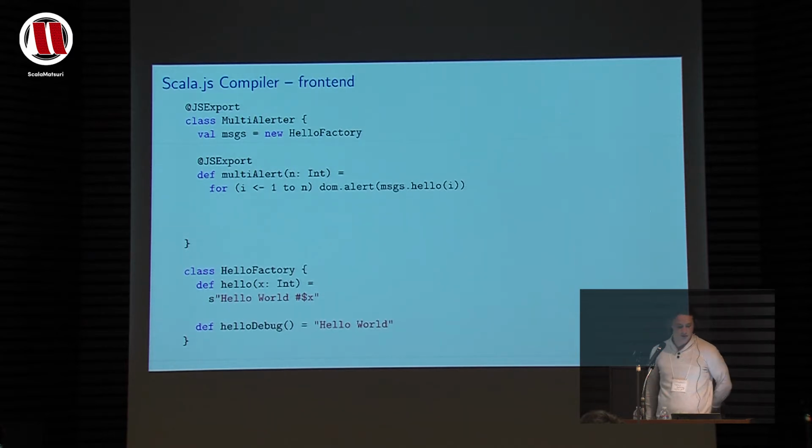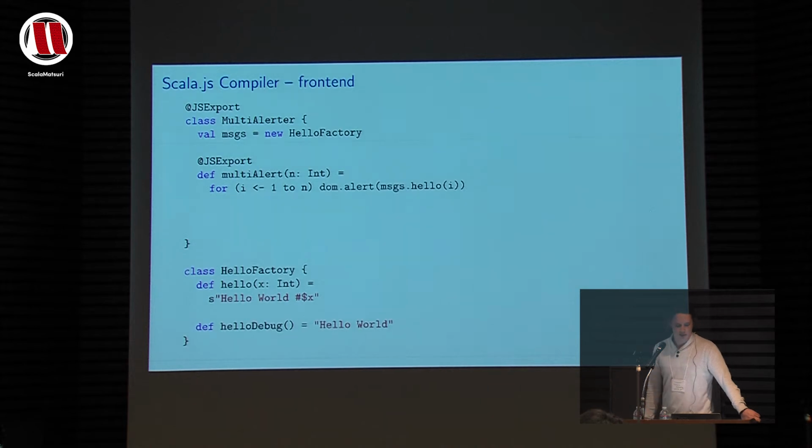That's a JavaScript method, and essentially just displays the message. You have these nice error boxes pop up. These JS export things, don't worry about them too much right now. They essentially mean that you can call this code also from JavaScript code. You can see later on what happens.